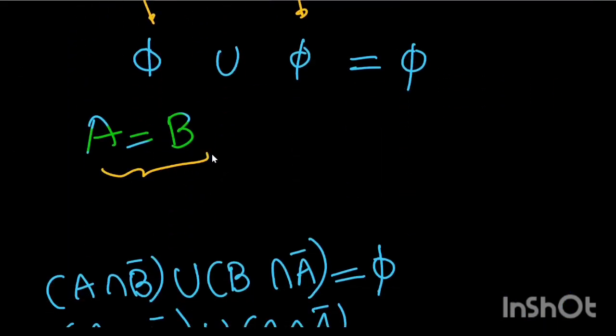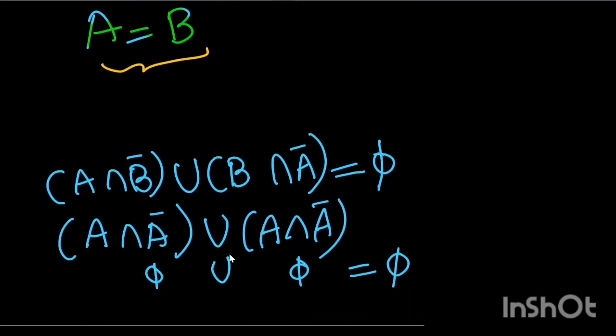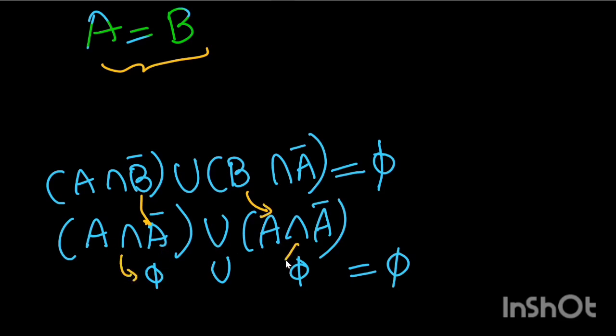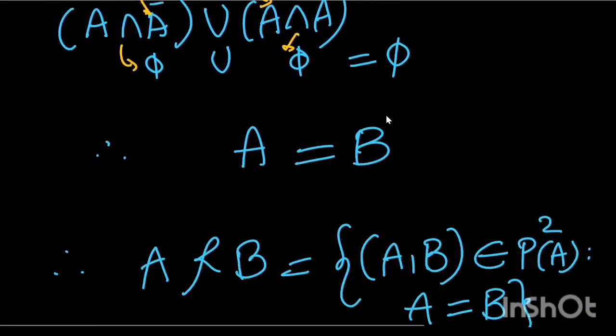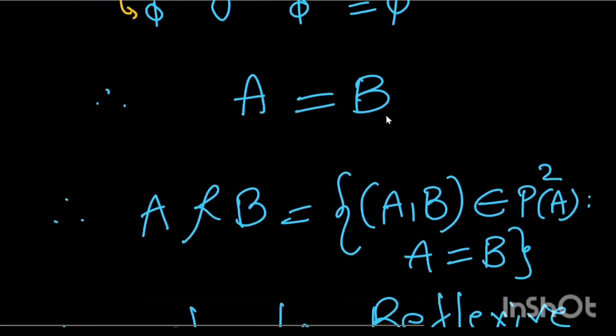So when A and B are equal, substituting B as A here and here, A ∩ Ā is φ, and again it is φ, so we are getting φ. So the relation between A and B is that A and B are the same. So it redefines the relation: (A, B) belonging to P(S) × P(S), such that A is equal to B.